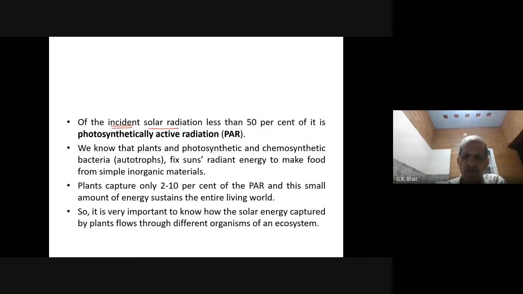Solar radiation is sunlight. The sunlight which strikes an object, it is called incident ray. It may be your rock surface, it may be a plant surface, whatever it may be. Of the incident solar radiation, that means of the light that strikes the surface of any plant, less than 50% is photosynthetically active radiation, PAR.